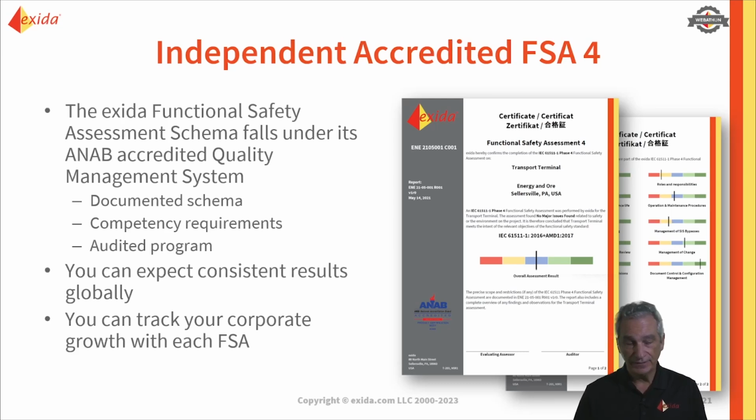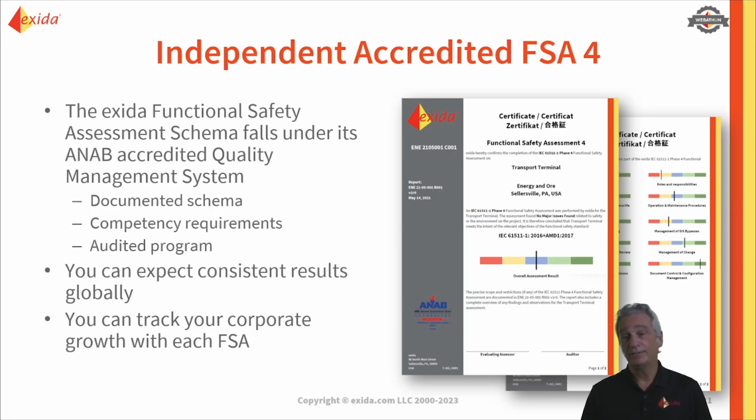We've created this schema that falls under our ANAB accreditation quality management system that we have in place. So we have it documented, we have all the competency requirements in place, and it's a fully audited program. So again, if we follow this approach, you will end up with a consistent result globally. So it doesn't matter whether you've got sites in the US, sites in Europe, Middle East, Far East, you'll get a consistent result.